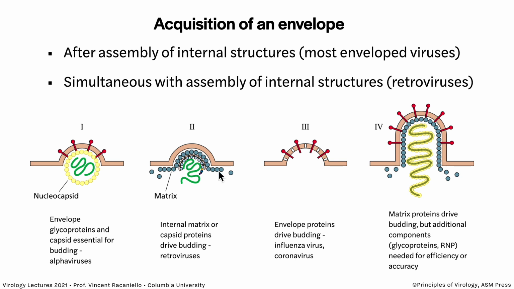We haven't talked about what a matrix protein is, M or matrix. Many of these enveloped viruses have them: influenza viruses, retroviruses, VSV. It is a protein that lines just below the membrane. It gives it some stability. Otherwise, it would just be a floppy membrane. So that can drive budding, or the capsid protein can drive budding.